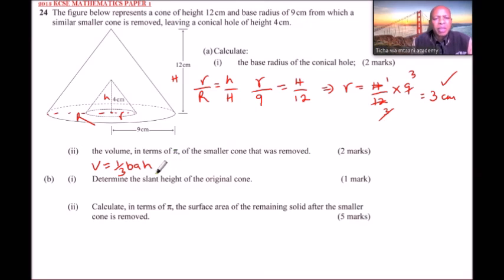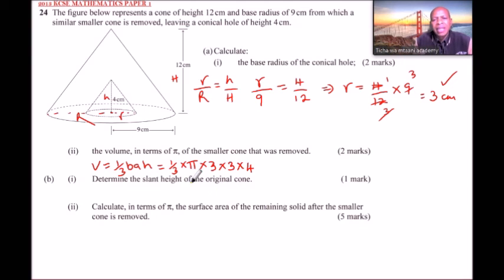The base is circular, so it is pi r squared, and r we have found is 3, so it is 3 multiplied by 3, that is r squared, and you multiply by the height. Our height here we have been given, it is 4.